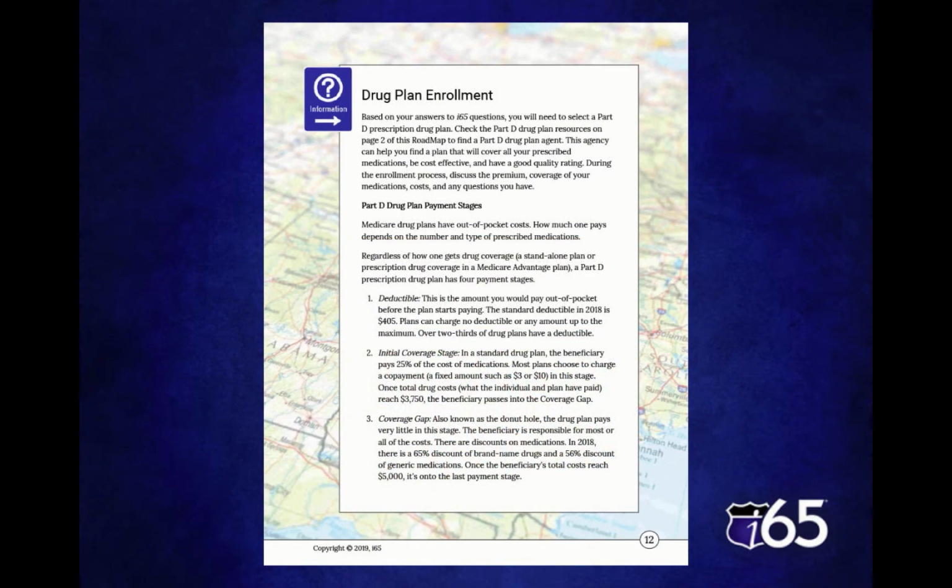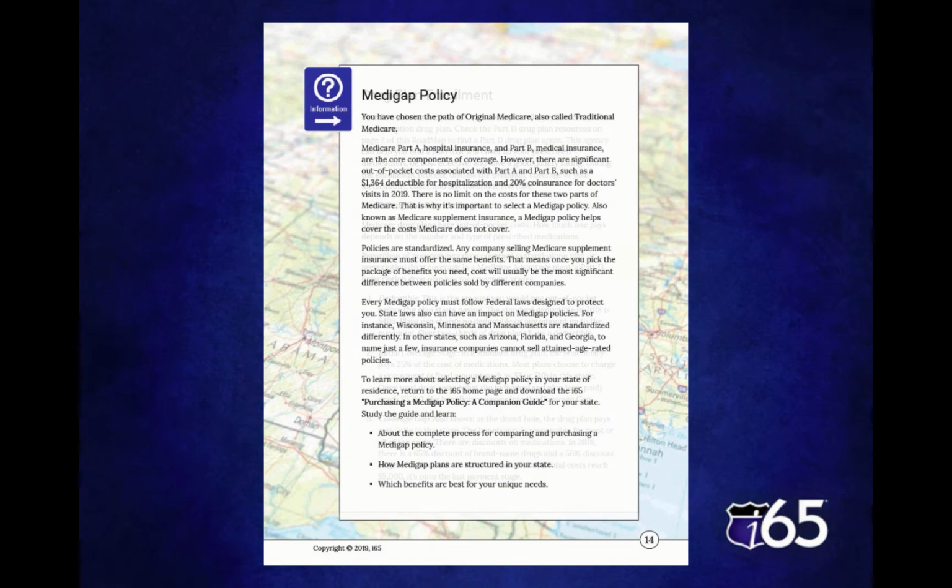Your roadmap also contains information to help you select specific plans and then understand that coverage if you ever have questions about it. For example, this section explains how Part D drug plans work. Similarly, it will give you information to help you choose specific Medigap policies and then provide you with important information that you may need as you live with this type of coverage.